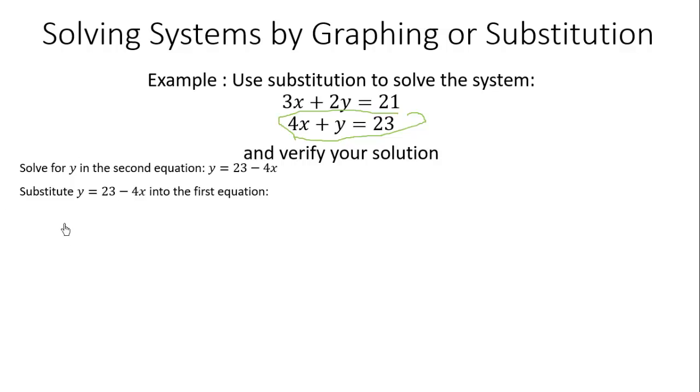We substitute y equals 23 minus 4x, hence the name substitution method.